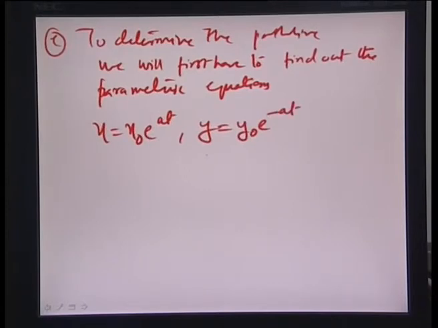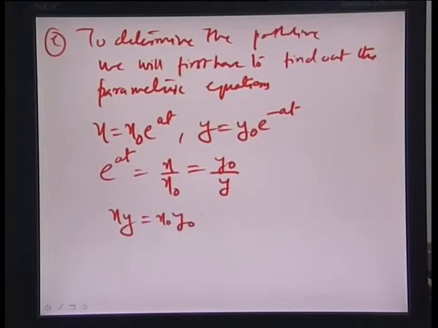So, from this expression what we get is a relationship between x and x0, y and y0. Let us say e to the power at in this case is x by x0 and in this other case is y0 by y, right. So, therefore, xy equal to x0 y0, which is again equal to 16, x0 being equal to 2 and y0 being equal to 8 from the earlier example.